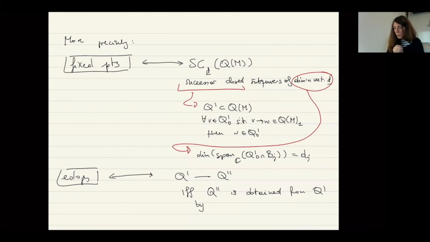Now what you want to do to have an edge is to cut an initial piece of a segment and glue it into another segment in such a way that you're still a subquiver of QM.